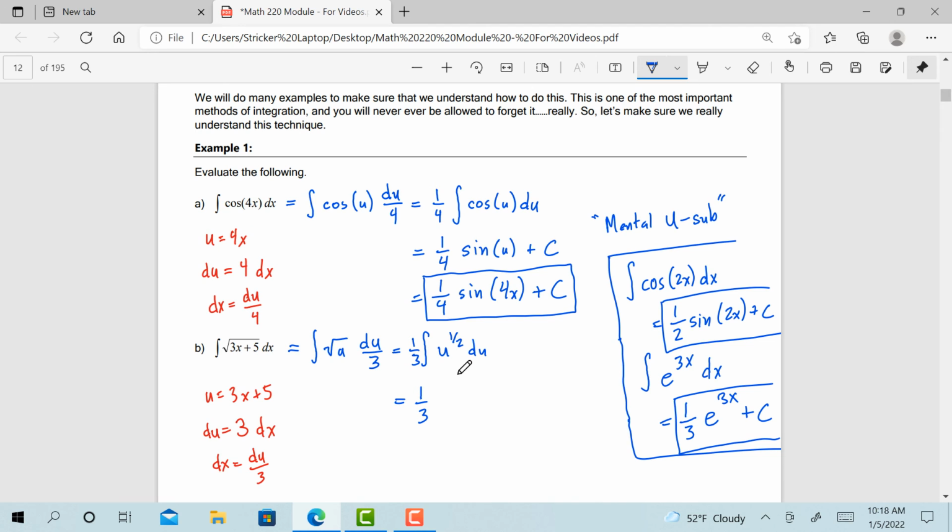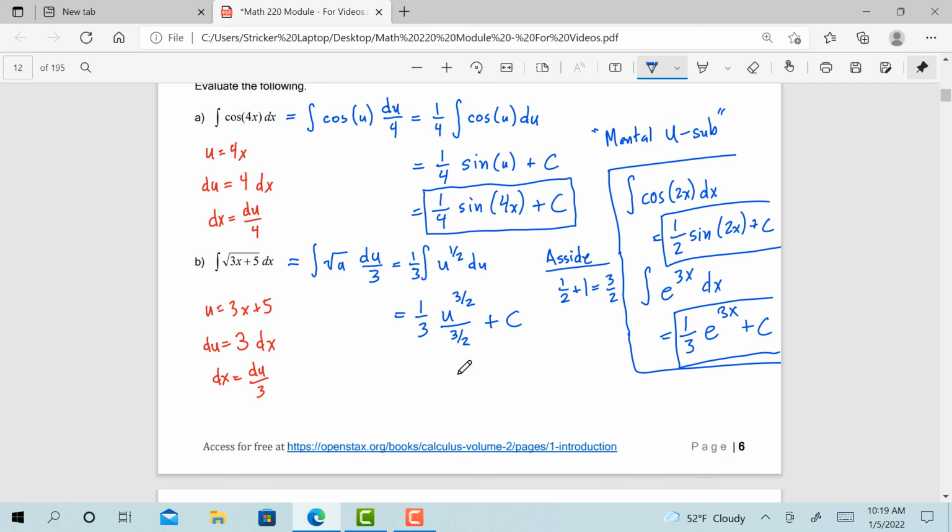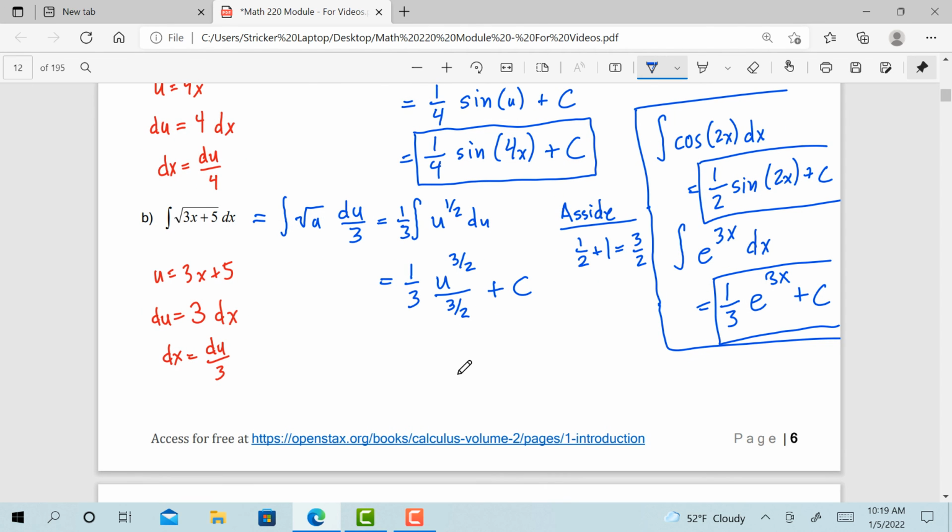Remember, for the power rule, you add 1 to the power. So you add 1 to 1/2, you get 3/2. So this will be u to the 3/2, and then you're going to divide by that same power, divide by 3/2 plus c. And then remember, instead of dividing by that power, you can multiply by its reciprocal.